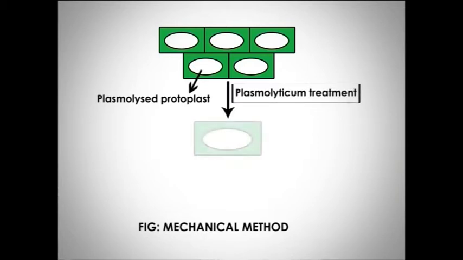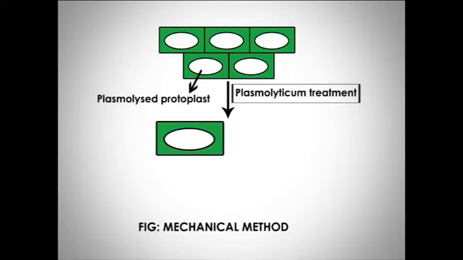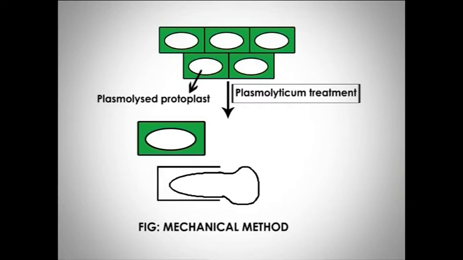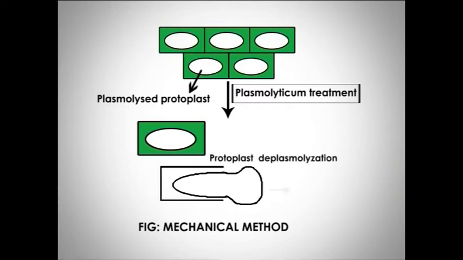This leads to the outflow of fluid from the interior portion of the cell, resulting in the withdrawal of cell contents into the center. Plasmolyzed tissues are then spliced into several small pieces, followed by deplasmolysis, which results in the release of protoplasts.